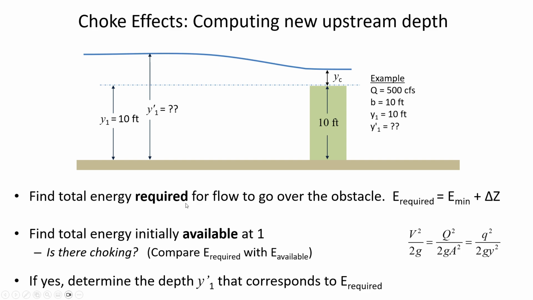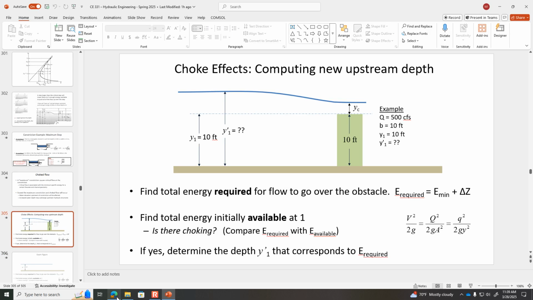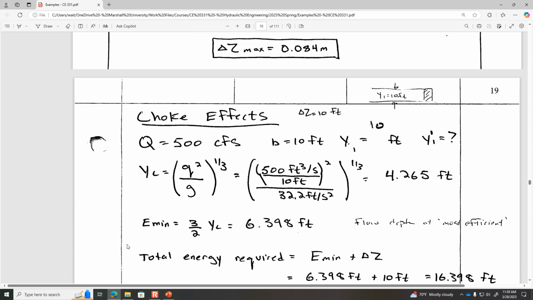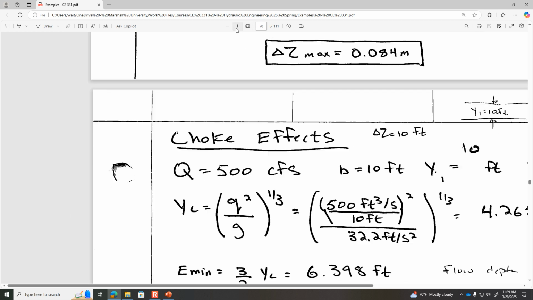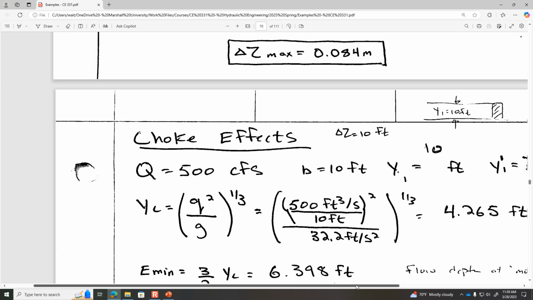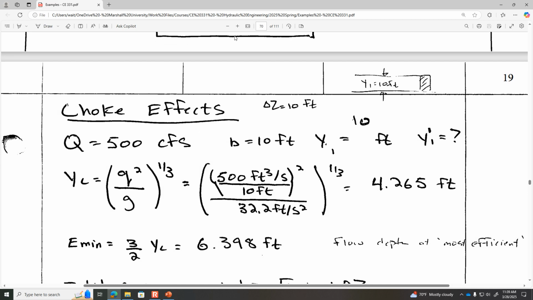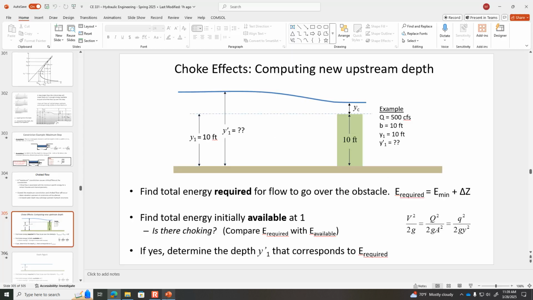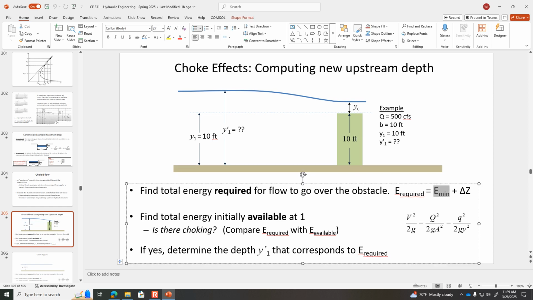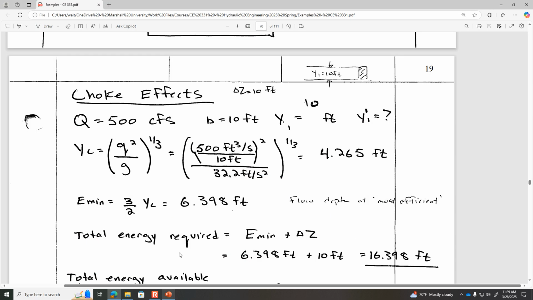So find the total energy required. E required is the minimum plus the delta Z. Because we're a little bit pressed for time, let me just illustrate these calculations for you. So we want to find the minimum specific energy, which is that associated with the critical flow.